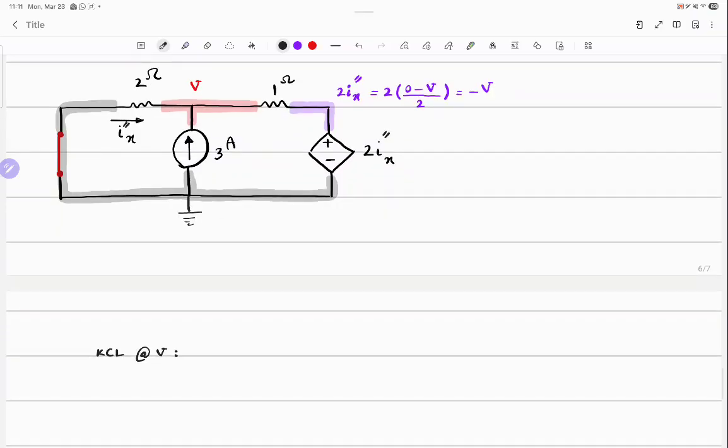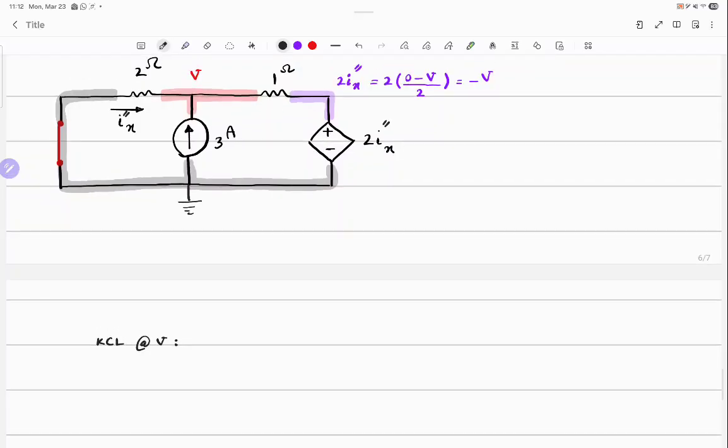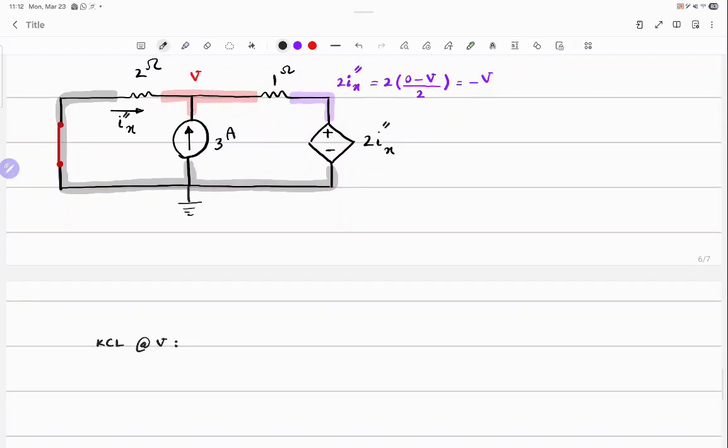So let's write KCL at V. Will, can you tell me what it is? I want to write KCL. Okay, I double prime times 2 ohm. V minus 0 over 2 ohm.